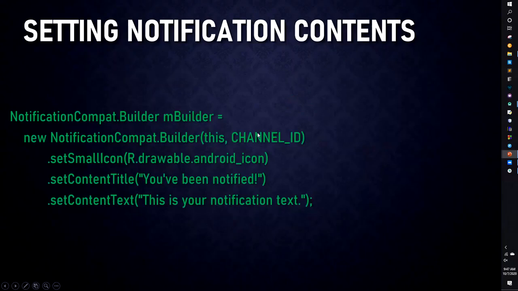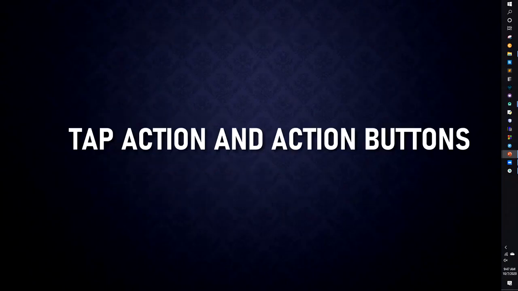If you are targeting Android below version 8, you don't need to specify this. And you specify the small icon by using this method, the icon found from drawable or any place, and you can also set the content title, and you set the content text here. So the message will be displayed for that specific notification.